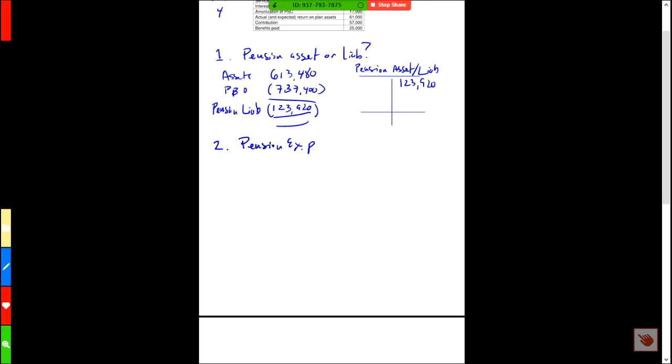Okay. So the second question is, what is pension expense? And we learned our 5 components. I'm going to put them in a little different order. Service cost, interest cost, or interest on the liability. I like to do amortization of prior service costs next.